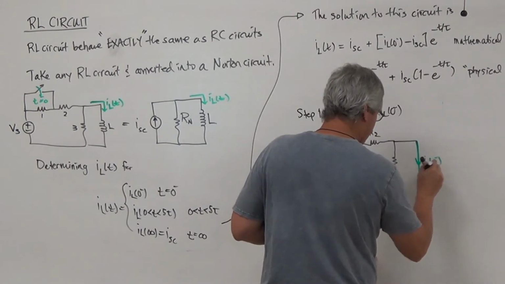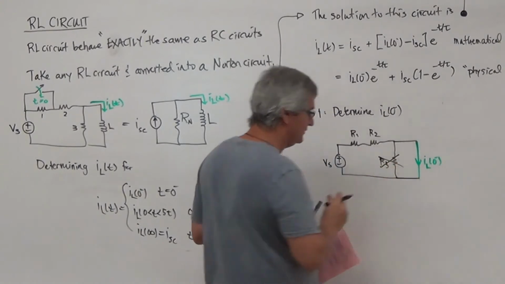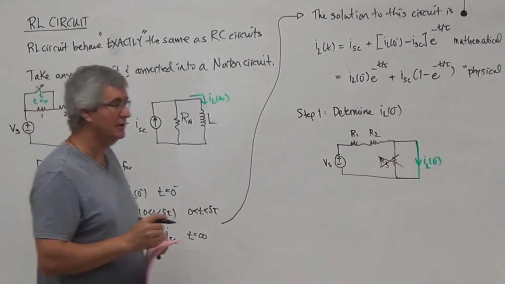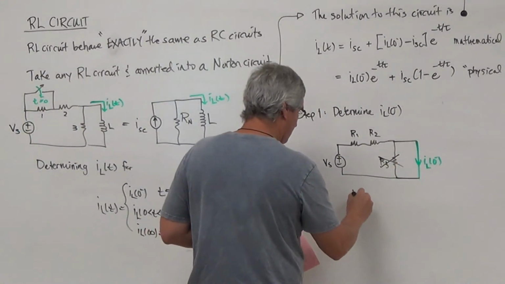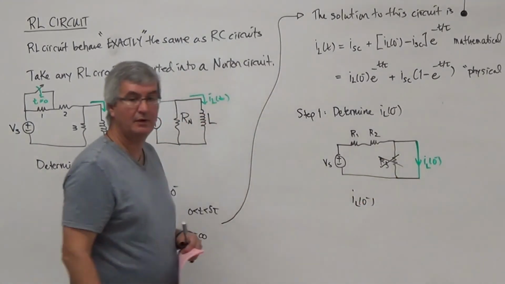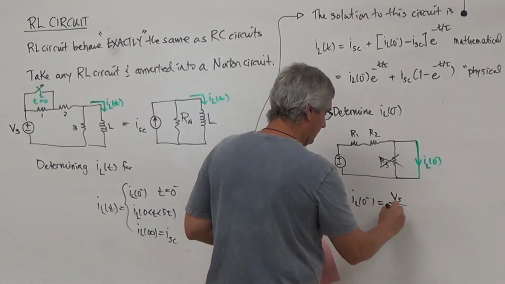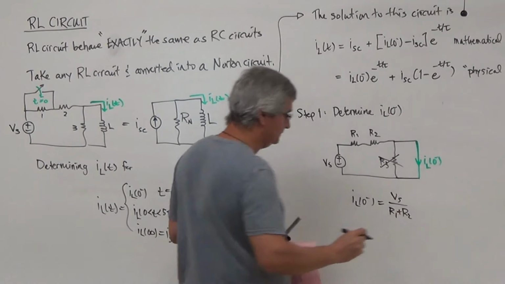IL of 0 minus is a short, and that kills off that resistor. So I could calculate IL of 0 minus. I only have one loop, and that loop tells me that it has to be Vs divided by R1 plus R2.